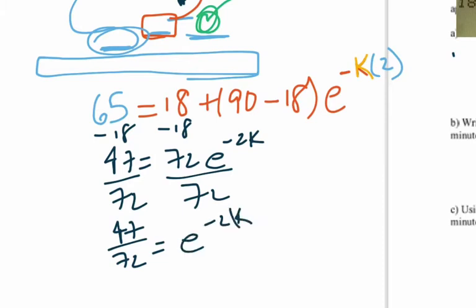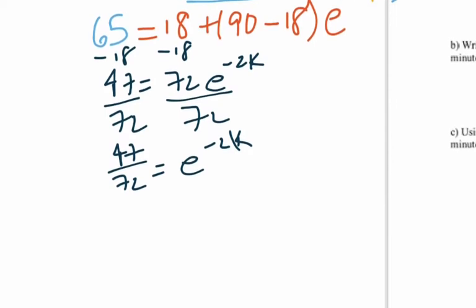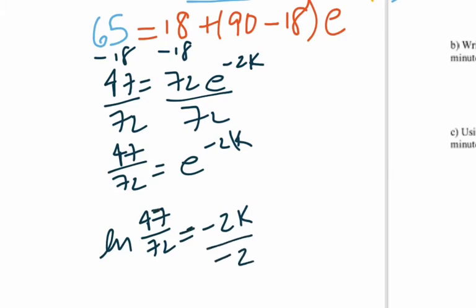In order to solve this for the exponent, I'm going to write it logarithmically. So it's going to be ln of 47 over 72 is equal to negative 2k. And then I'm going to divide by negative 2.